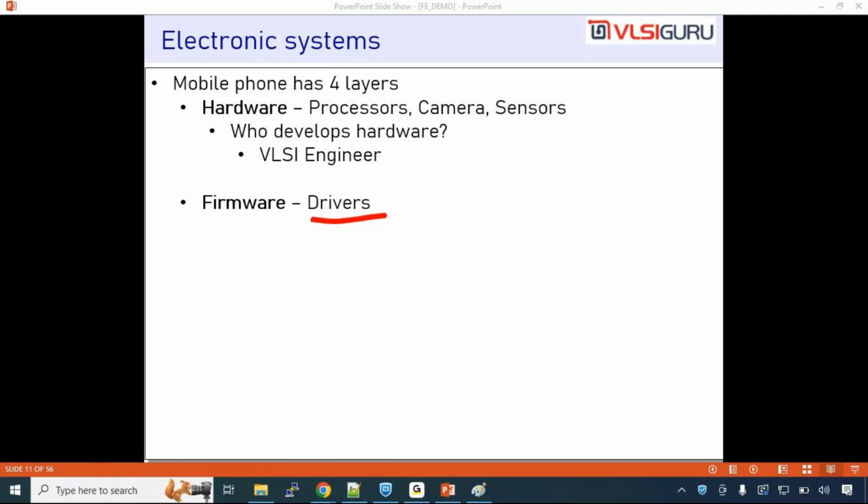Then the driver controls the hardware. Do you go and drive directly? No, right? Because for you the interface between hardware and you is the driver. The same happens in the electronic system, where the interface between the operating system and hardware is what? Drivers.